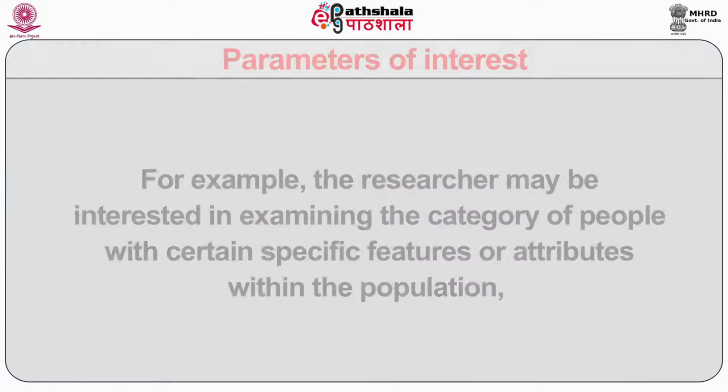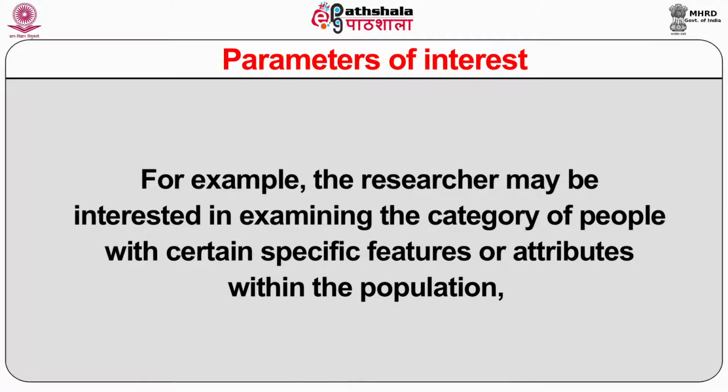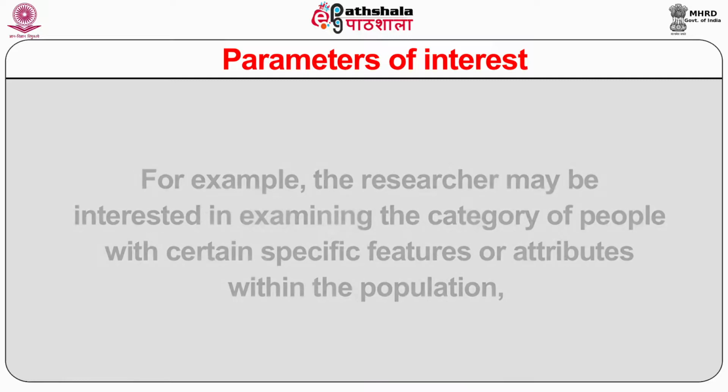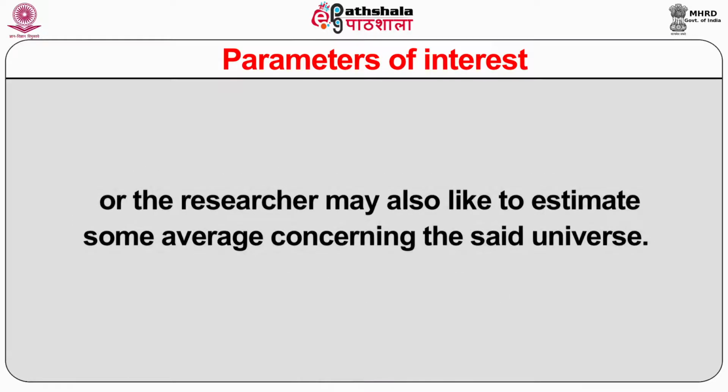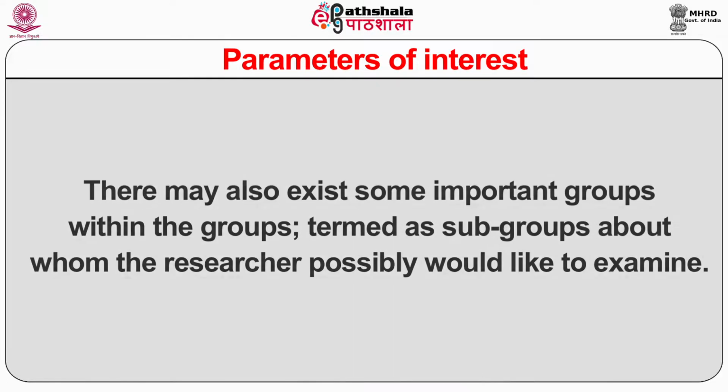For example, the researcher may be interested in examining the category of people with certain specific features or attributes within the population, or may also like to estimate some average concerning the said universe. There may also exist some important groups within the groups, termed subgroups, which the researcher would like to examine.